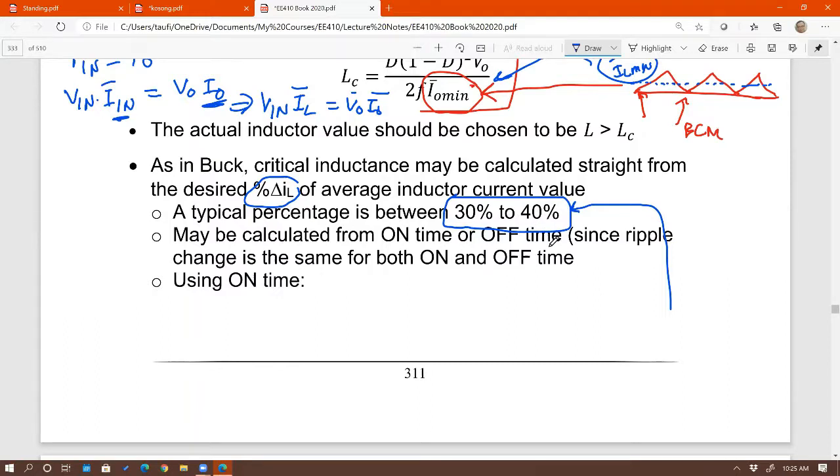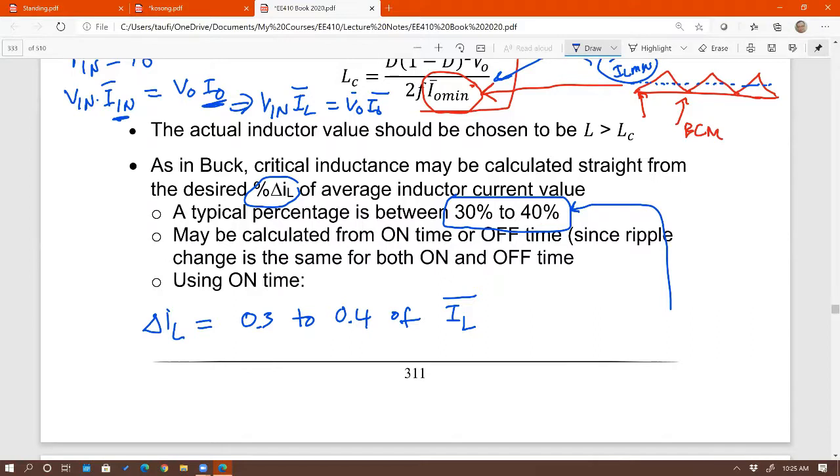So based on their experience with the sizing of the inductor, they found that between 30% to 40% would be a good starting point for delta IL, right? So what does that mean? That means delta IL, just pick between 0.3 to 0.4 of IL average.